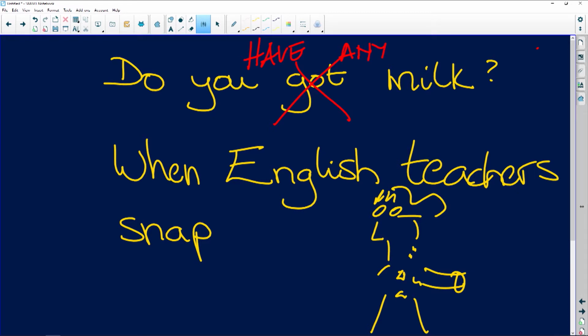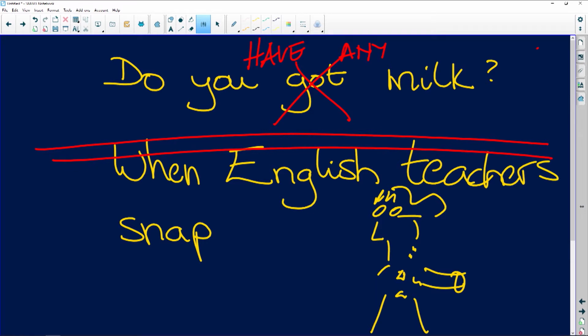And the caption for the cartoon is "When English Teachers Snap." Right. So, carefully explain why this English teacher snapped. So she snapped, she lost all control. Why? Because she saw an ungrammatical sign. Fine, 2 marks.